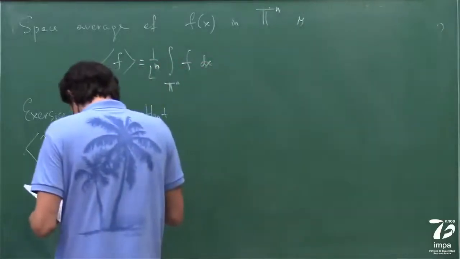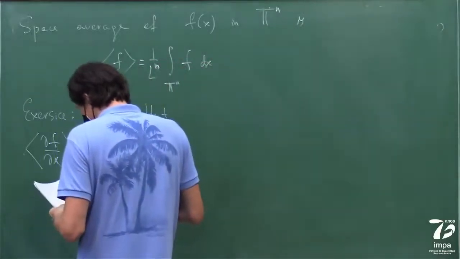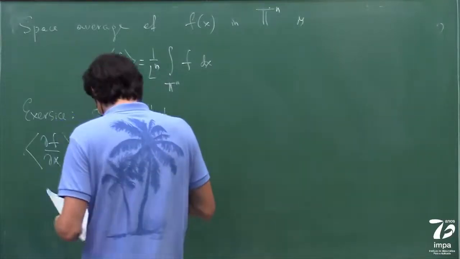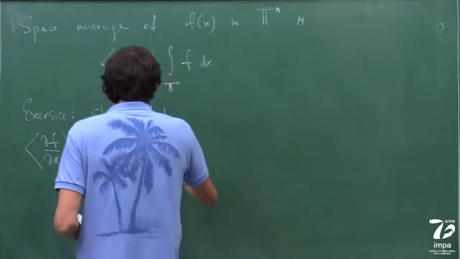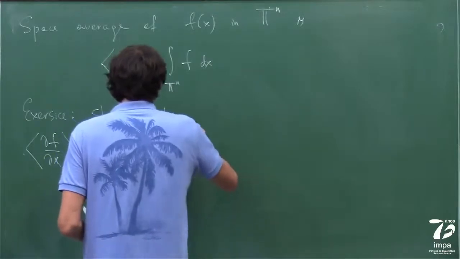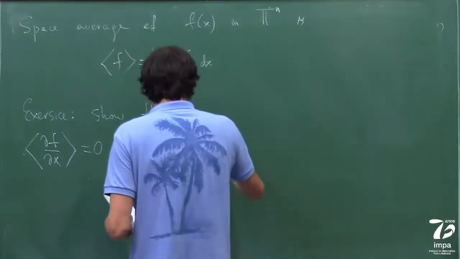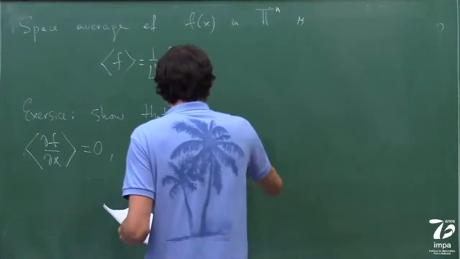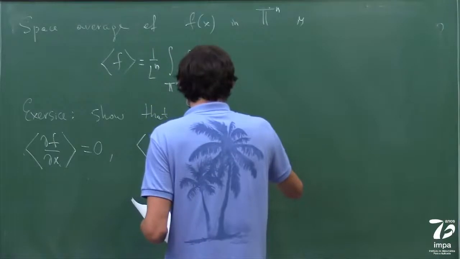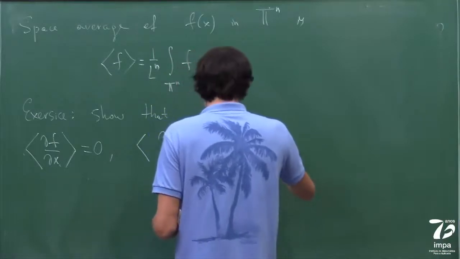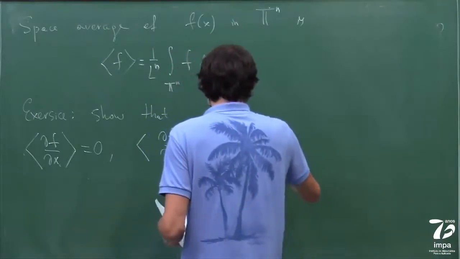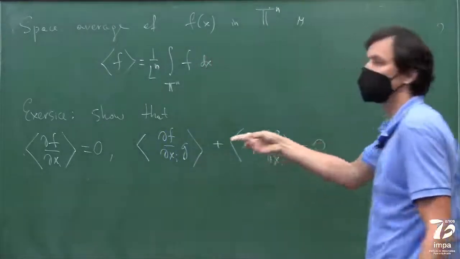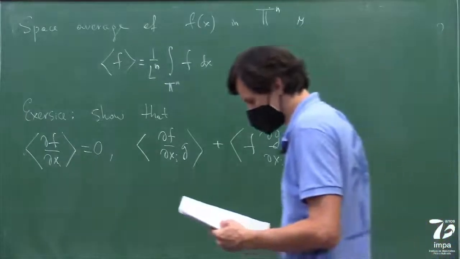And from this, you immediately get other conditions. So, for example, this. This is because this is a derivative of a product, right? So this is obvious.